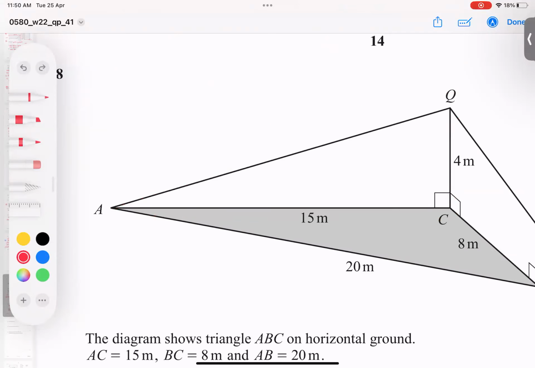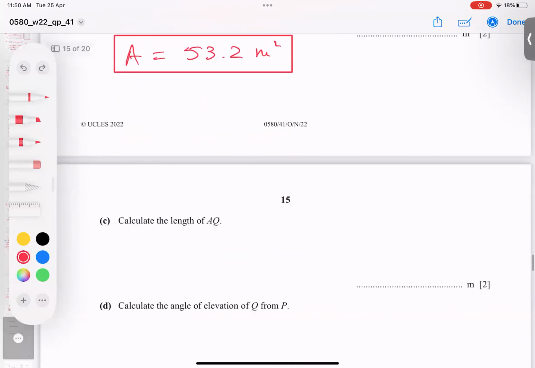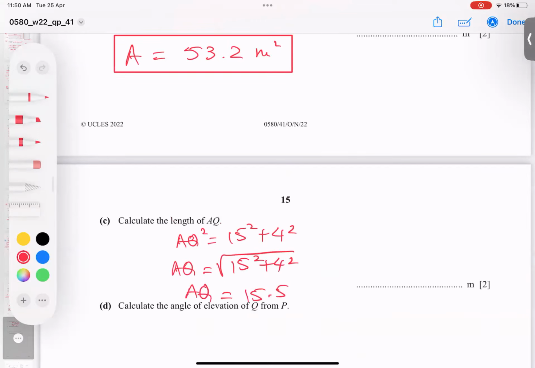So I will use 15 and 4 in Pythagoras theorem. AQ becomes the root of 15 square plus 4 square, and the answer is finally coming 15.5 centimeters. I hope the point is clear.